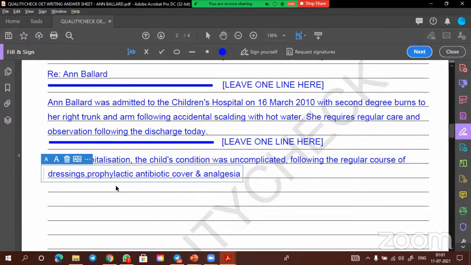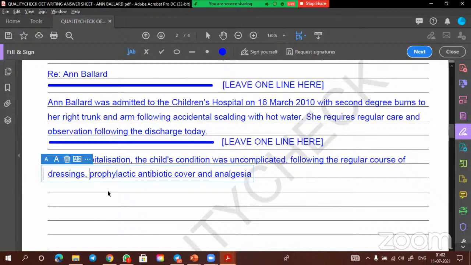Prophylactic antibiotic cover. Don't write any symbols like this one in the writing part. You can just say and. Okay, I'm not doing much modifications because you should know how the information is taken. So here, comma is needed in space.